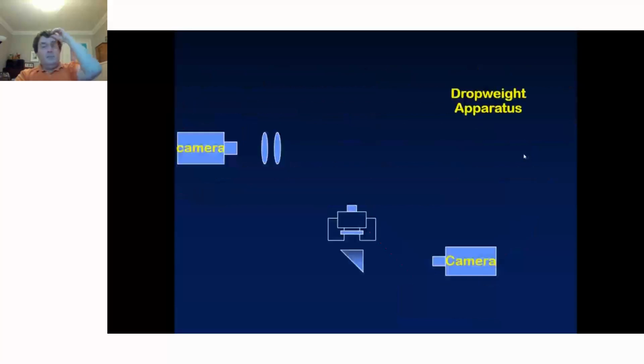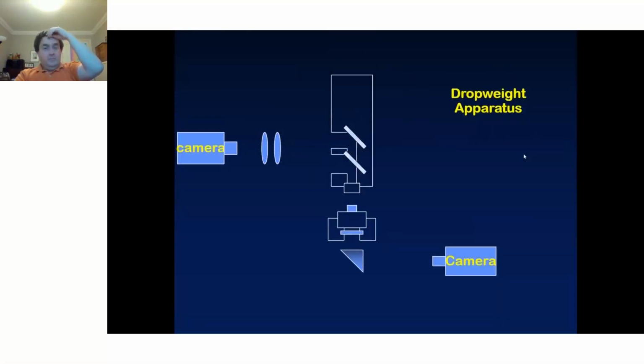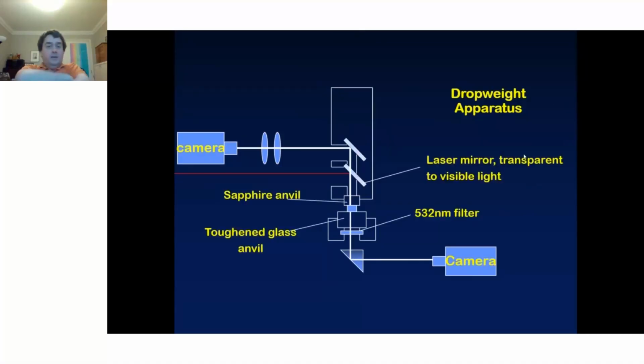So here is the camera, there is the drop weight coming down. We have an optical splitter on the system. We have a laser mirror which is transmitted to visible light, and we have a filter in the system. So when that impact happens, the laser pulse is flashed.